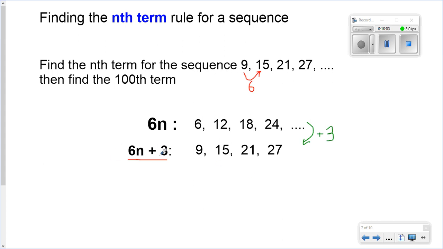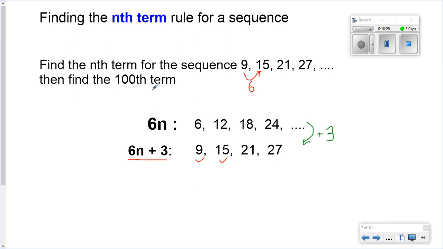So I've got the rule now. We can do a little check. For our first term, we replace n with 1. 6 times 1 add 3 makes 9. So that one works out. For our second term, 6 times 2 add 3 makes 15. And that's what we have. So that one checks out. And we can keep on checking, and hopefully we'll find that the other numbers work as well.